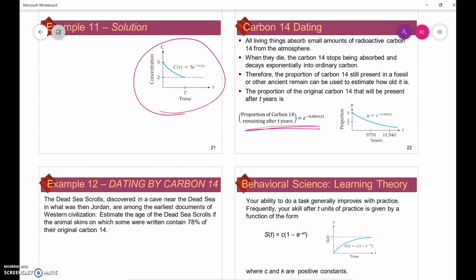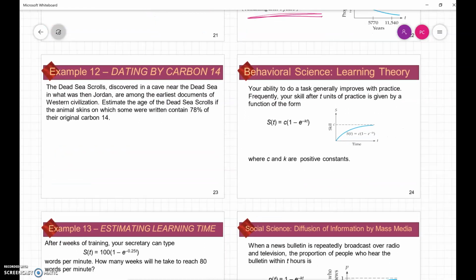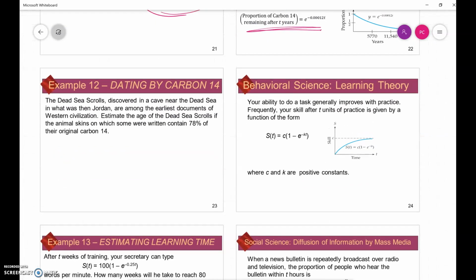So, using that information, we're going to use the formula to look at example 12.